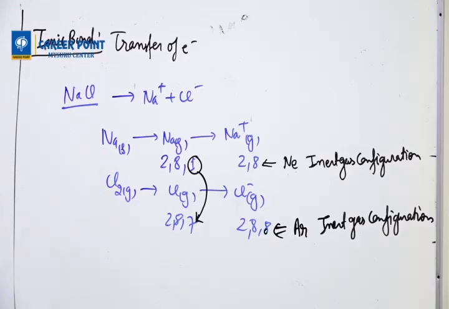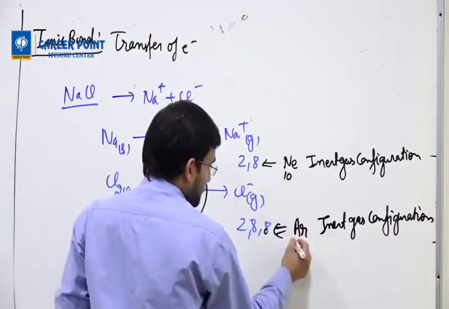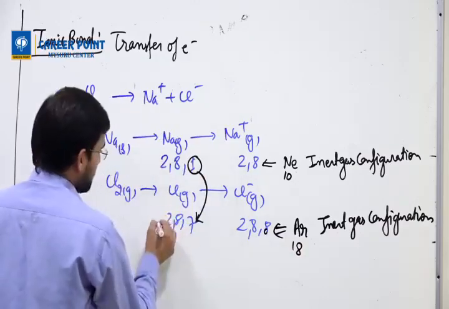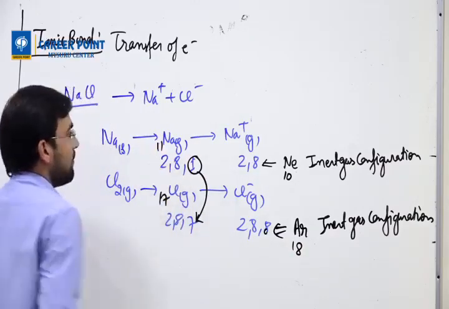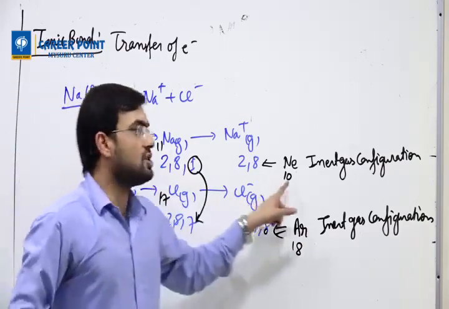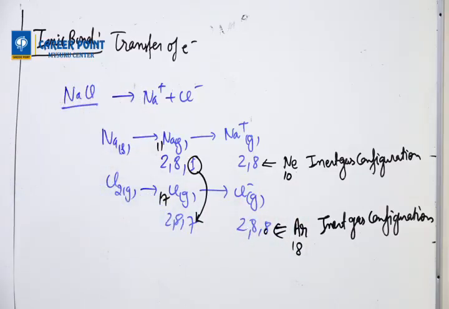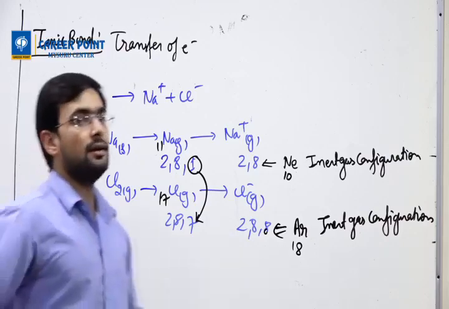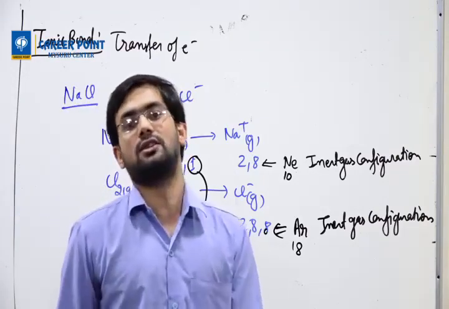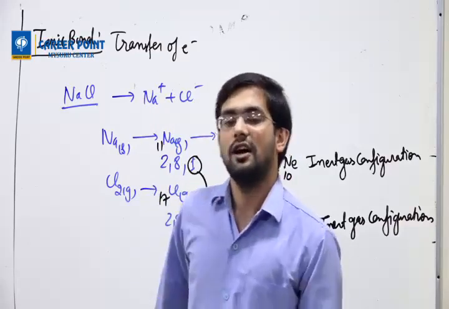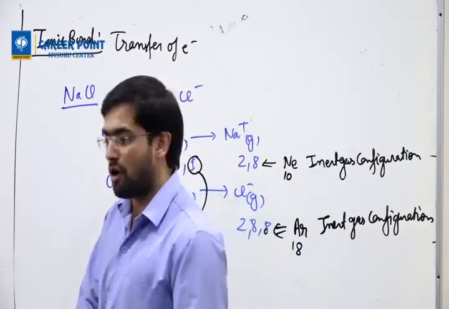Atomic number wise, this is 10, this is 18, this is 17, this is 11. 11 is much nearer to 10, 17 is much nearer to 18. So in the exam they can also ask you which inert gas configuration the chlorine atom will go to in order to form an ionic bond.